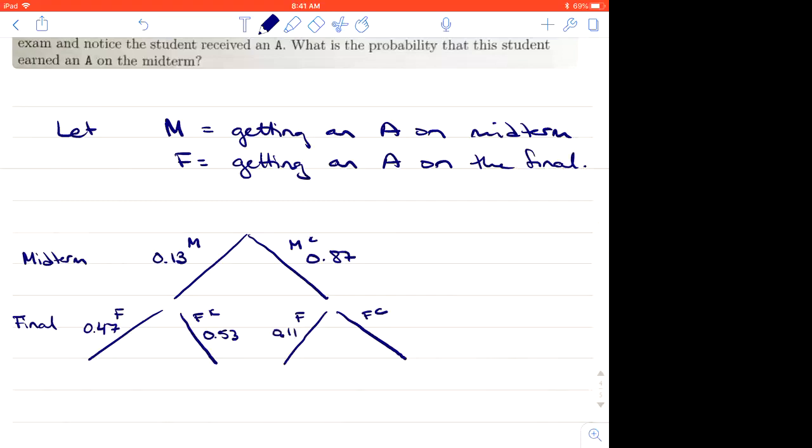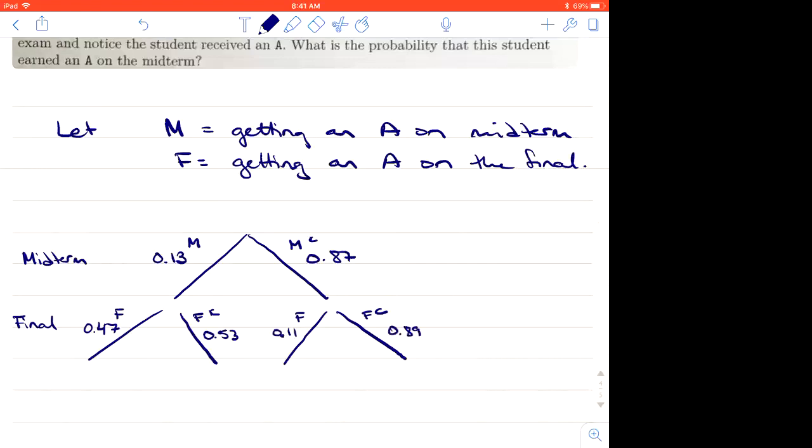So 1 minus 0.11. Don't try to be a hero here. Use your calculator. 0.89. So now we know that of those people who didn't get an A on the midterm, 89% didn't get an A on the final either.